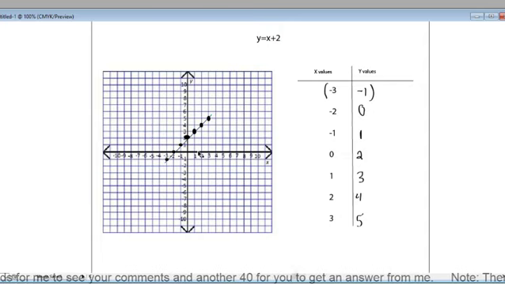Okay, so this line is the trend that this function or linear equation follows. And that's why it's called a linear equation, because this equation will make a line. It will follow a line as we plug in different values for x and y.